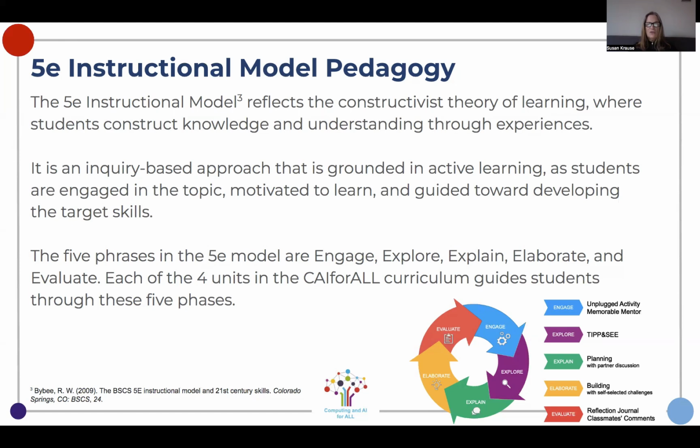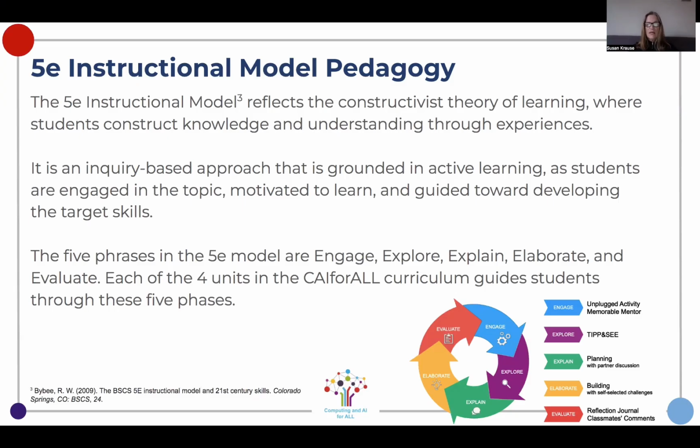The engage phase is where the students engage in an unplugged activity and learn about a memorable mentor. In the explore phase, the students complete the Tip-and-See activity, where they explore the project from a user and from a coder point of view to view how the project runs and then understand why the sprites do the actions that they do.